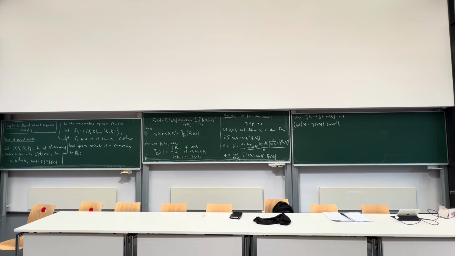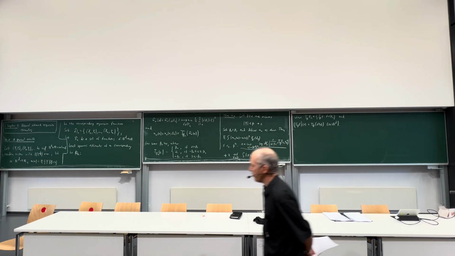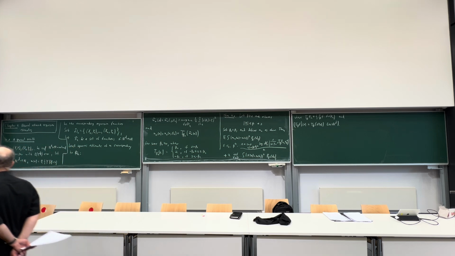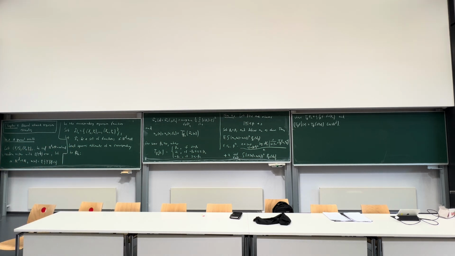So we have a bound on the expected true error of our regression estimate, the least squares estimate. The upper bound contains 2 parts. The second term measures how well you can approximate the true regression function by your function from your class.